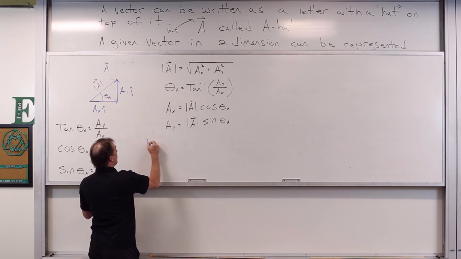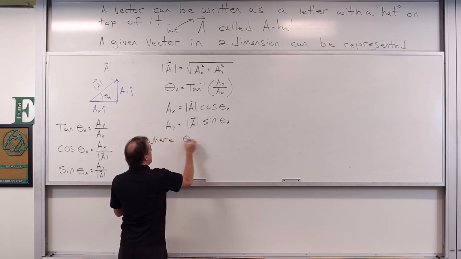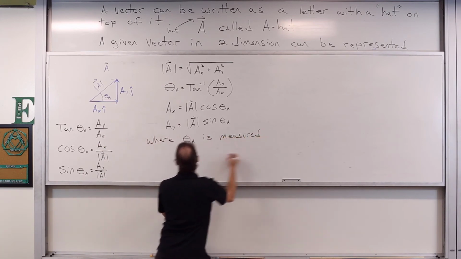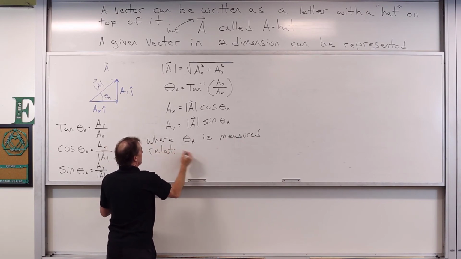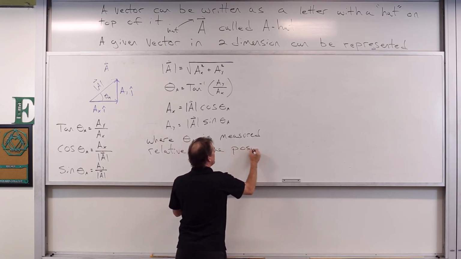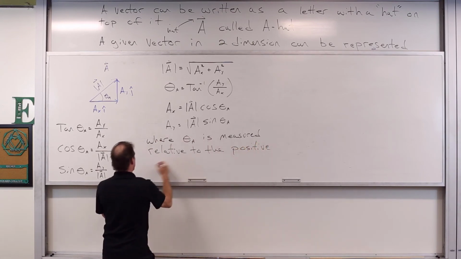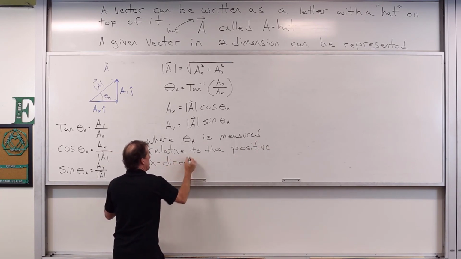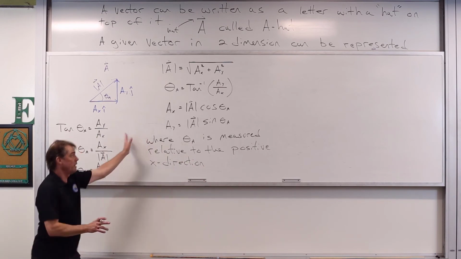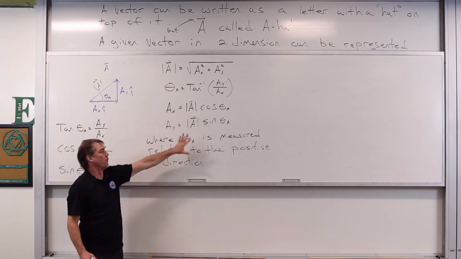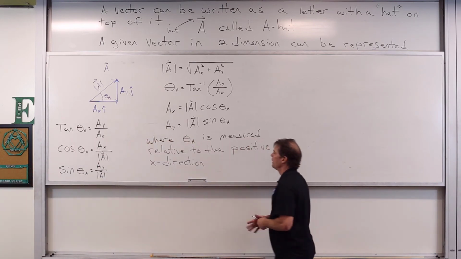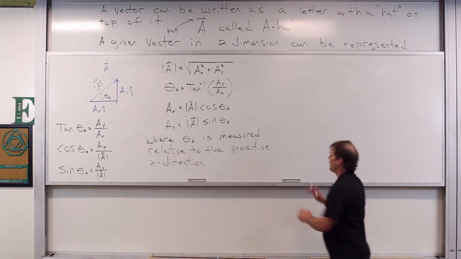I'll put down that theta sub a is measured relative to the positive x direction. If you measure it relative to, say, the negative x direction or the y direction, it changes some things around. We generally just stick with measuring things relative to the positive x direction, so you don't have to worry about that. This is how everything falls out.